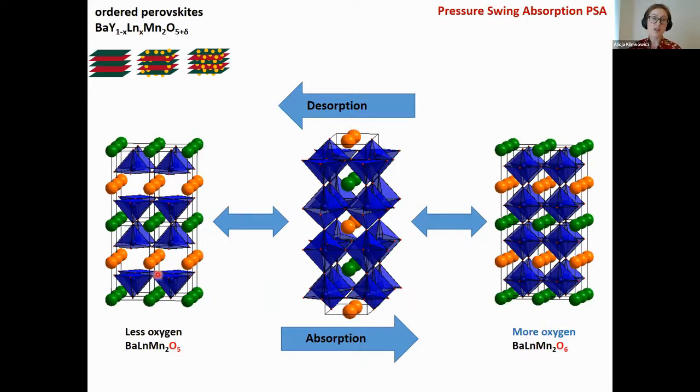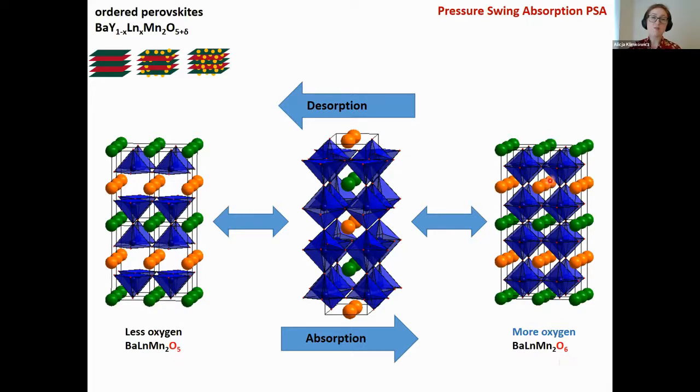In the absorption process, you can see that first half of the positions are taken by oxygen, and when we introduce more oxygen, we fill up the structure, and we've got a nicely ordered structure with all of the oxygen vacancies occupied by oxygen. So effectively, there are no oxygen vacancies anymore. And you can see here the change of oxygen is between O5 and O6 for this kind of material.